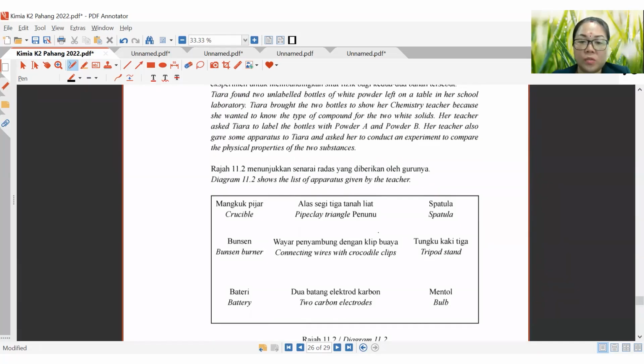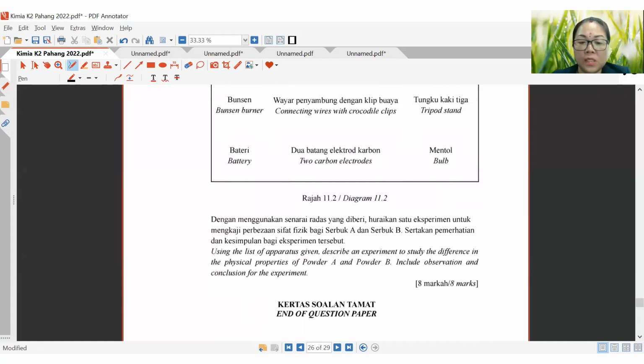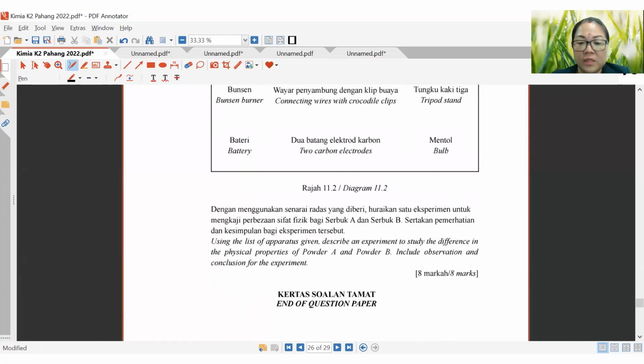Diagram 11.2 shows the list of apparatus given by the teacher. Okay, these are all the apparatus. Using the list of apparatus given, describe an experiment to study the difference in the physical properties of powder A and powder B. Include observation and conclusion of the experiment.